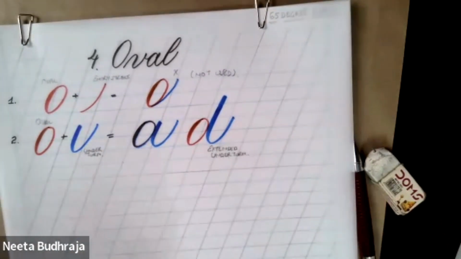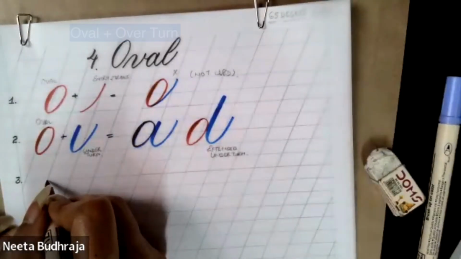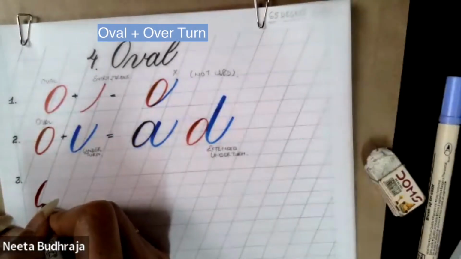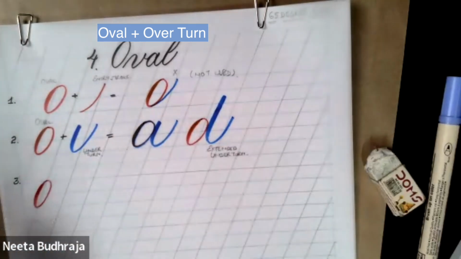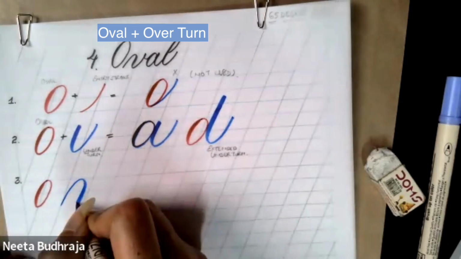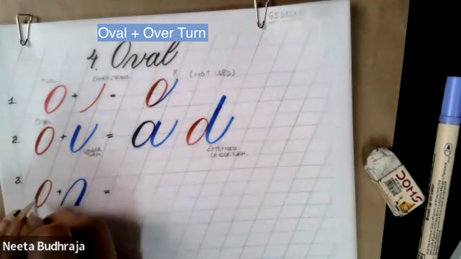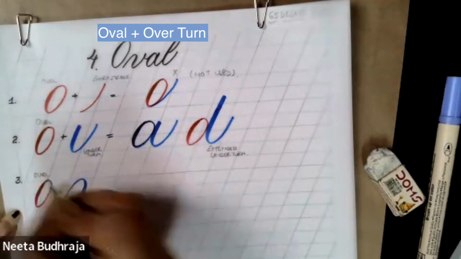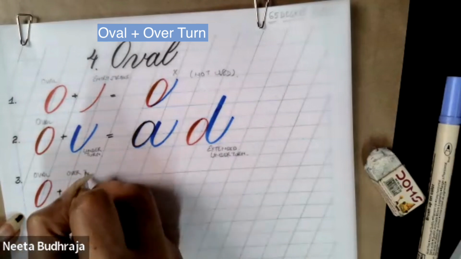So next comes oval and our overturn. So let's write, this is oval and this is our overturn.